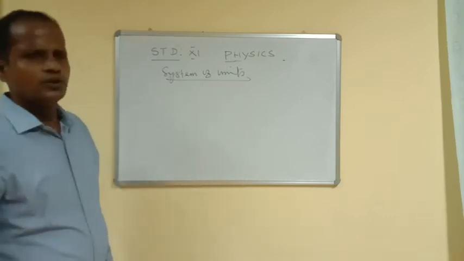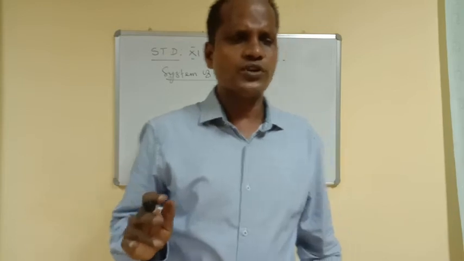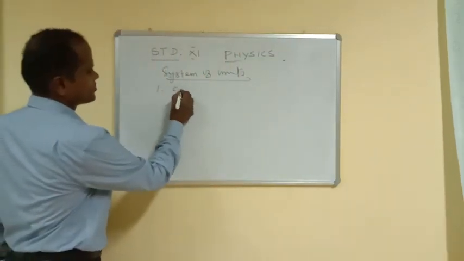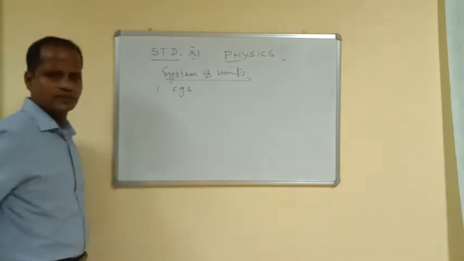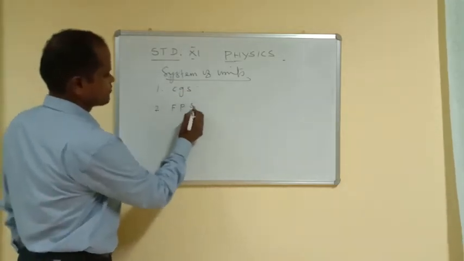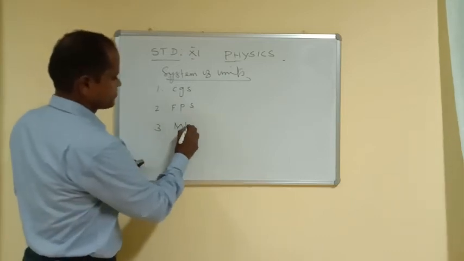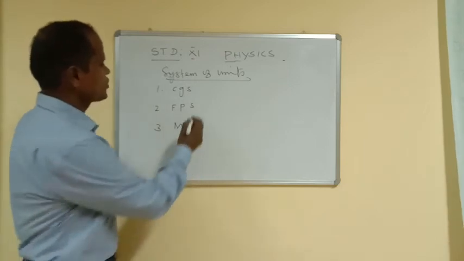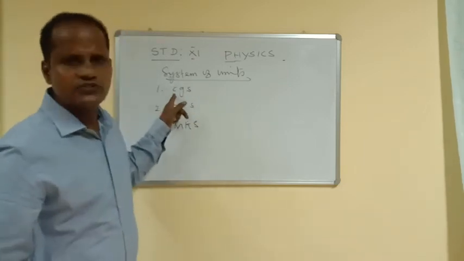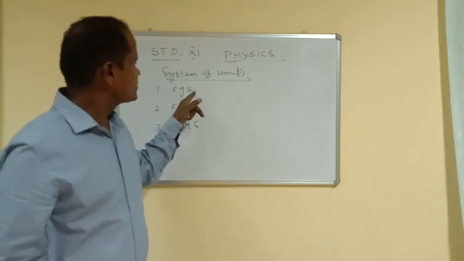See here, there are three types of units commonly used. One is called CGS system. Second one is FPS. Third is MKS. Actually the first letter refers to the unit for length, second for mass, third for time.